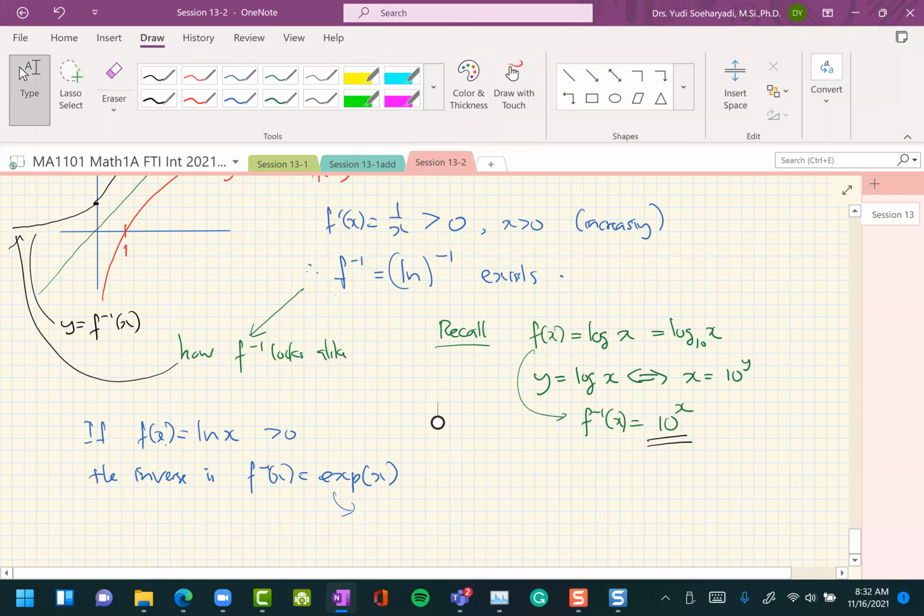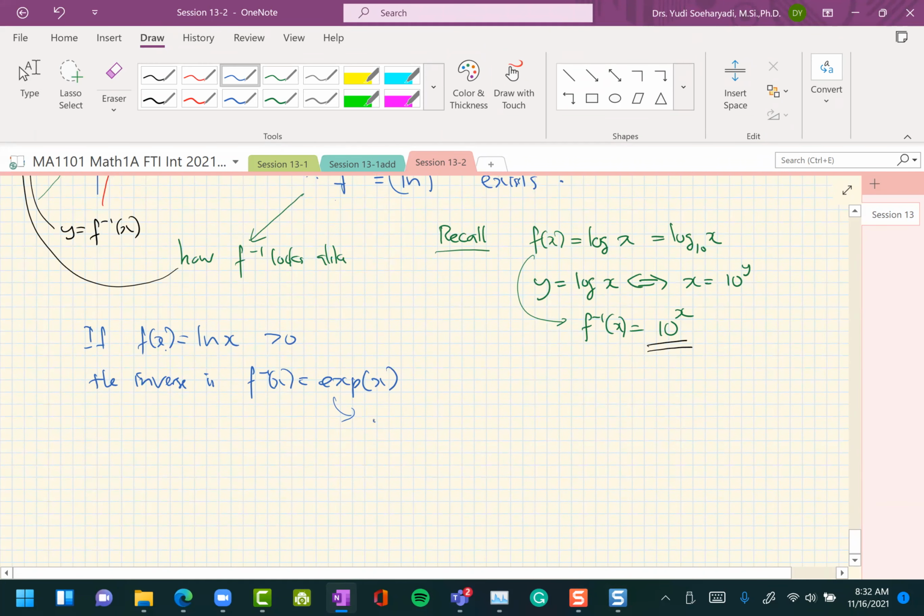We call it exponential functions. So for the time being, we call it exp functions.